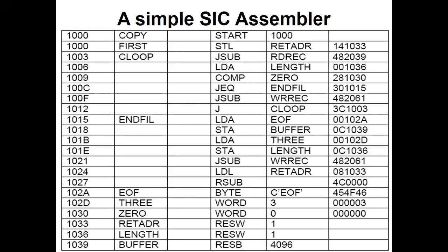That's why the machine language for EOF is 45, 4F, 46: the ASCII code for E is 45, for O is 4F, and for F is 46. So these also have to be translated into machine language.